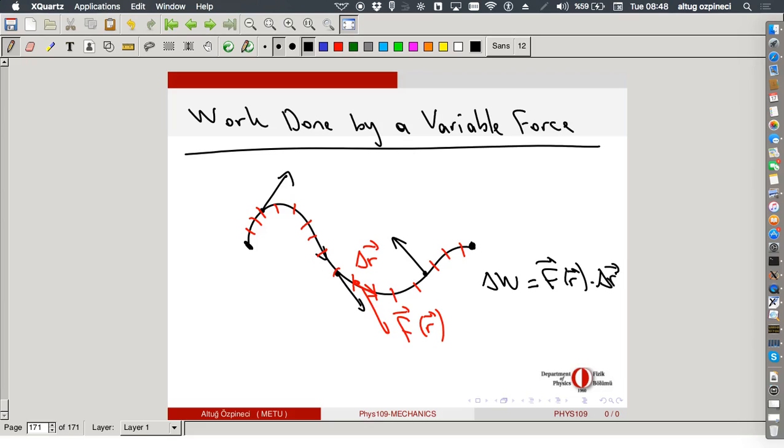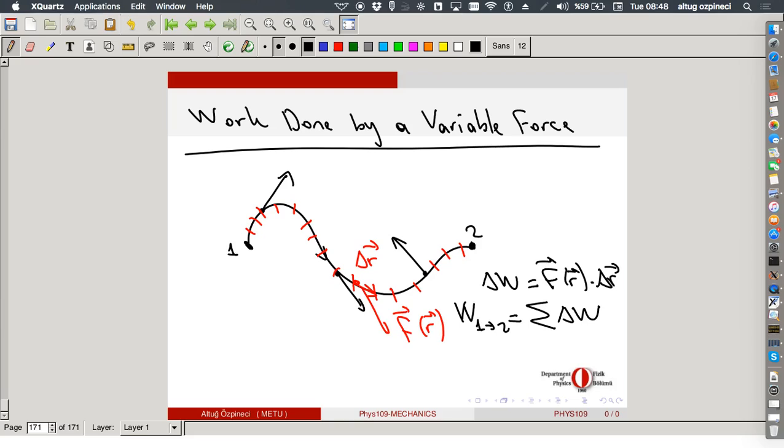Now, if we want to calculate the total work done from point 1 to point 2, the total work done as the object goes from 1 to 2 would be nothing but the sum of all these very small works. Eventually, of course, we will take the limit that these segments are very small.